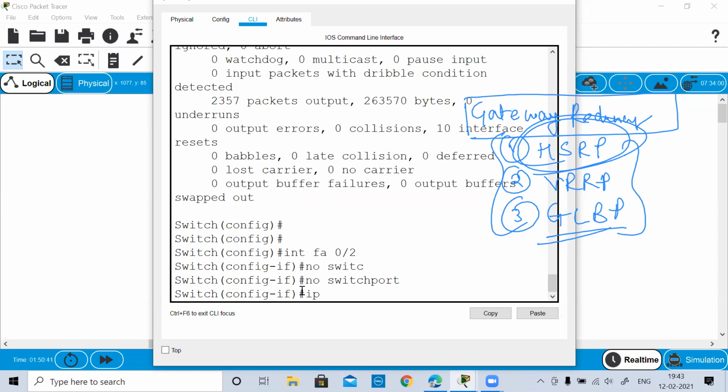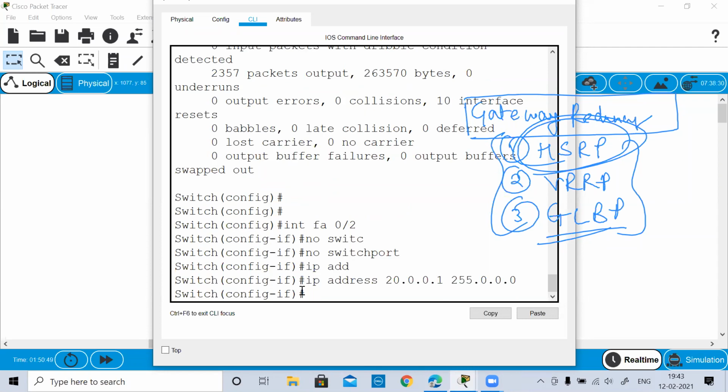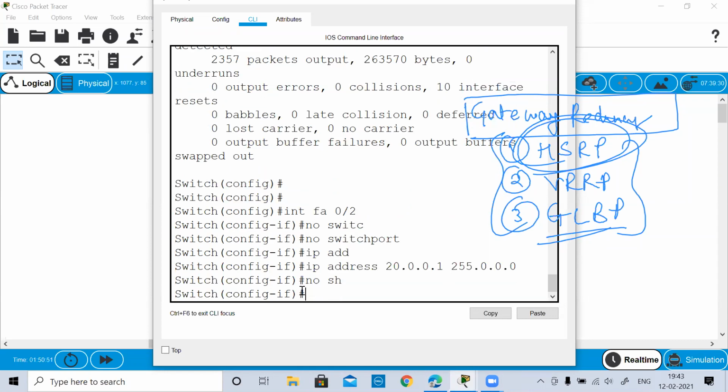So now I can assign the IP address to this interface. Let me give it 20.0.0.1, 255.0.0.0, and say no shut. Now this has become your routing interface, just by going to the interface and writing no switchport, and then you will be able to configure the IP.